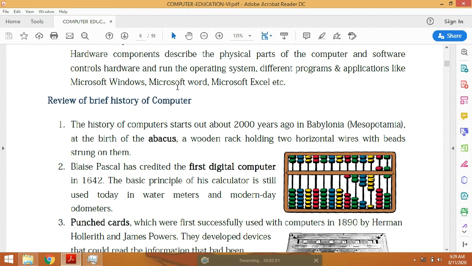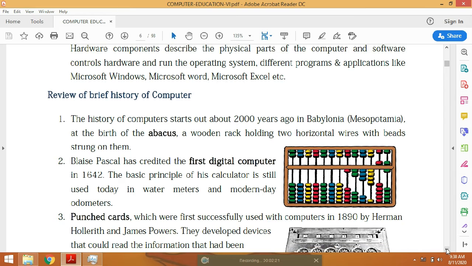The first machine that they used is the abacus, and this image is of an abacus. What is an abacus? A wooden rack holding two horizontal wires with beads strung on them, and according to that, they did the calculations.